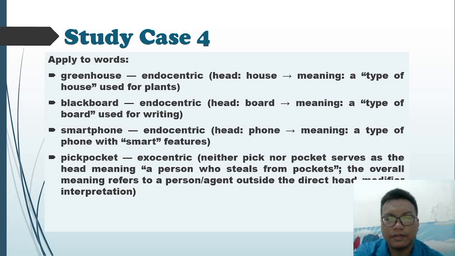The head is phone, and the meaning is a type of phone with smart features. Pickpocket is exocentric. Neither pick nor pocket serves as the head. The meaning is a person who steals from pockets. The overall meaning refers to a person or agent outside the direct head-modifier interpretation.